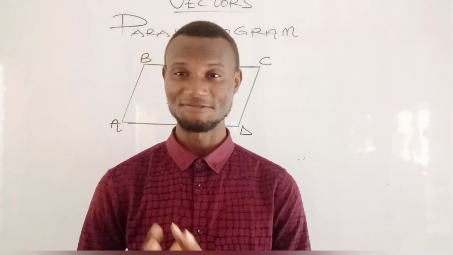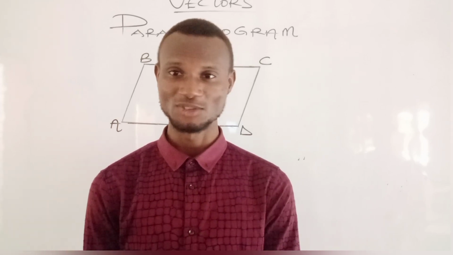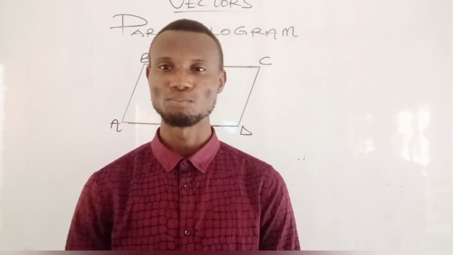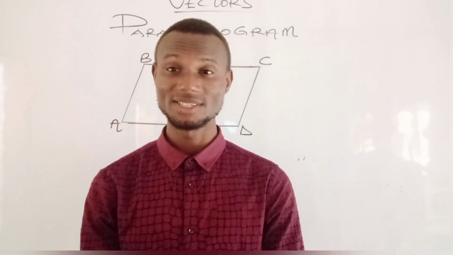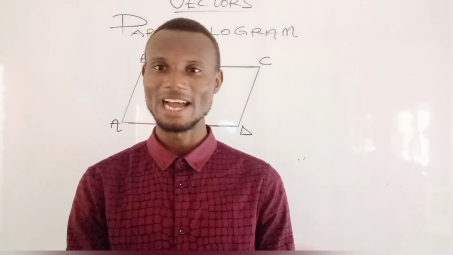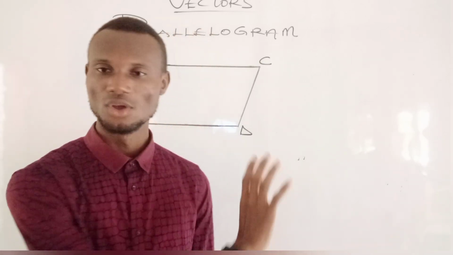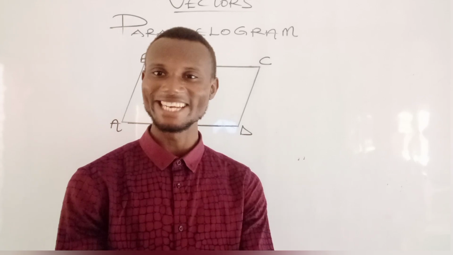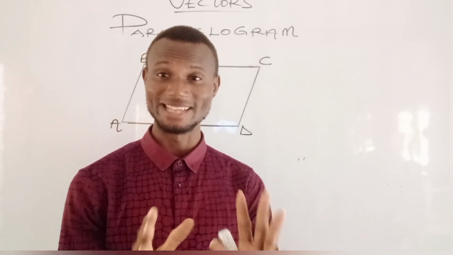When we started vectors in the first video, I defined a vector as any quantity which has both magnitude and direction. So without the direction, it's not a vector. That's why it's important that we indicate the direction on the parallelogram, so that we can identify it as a vector. I hope you understand up to this point.